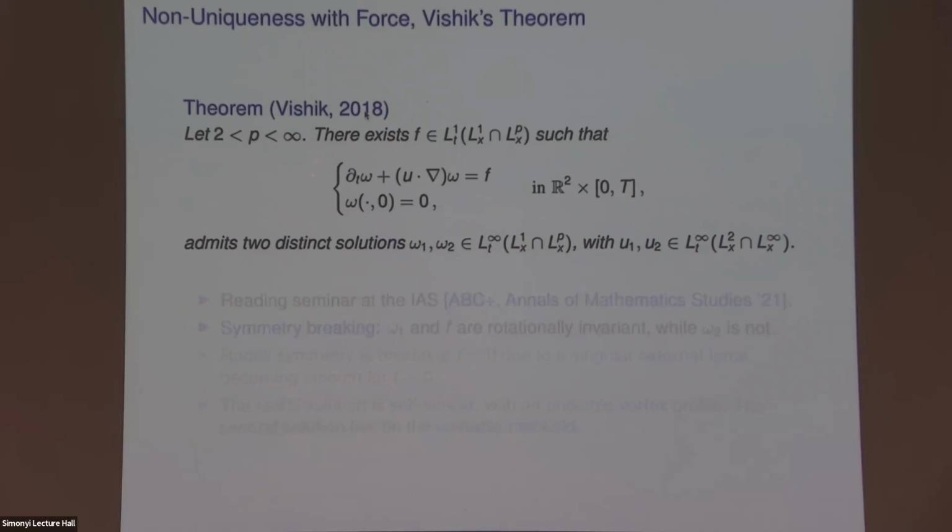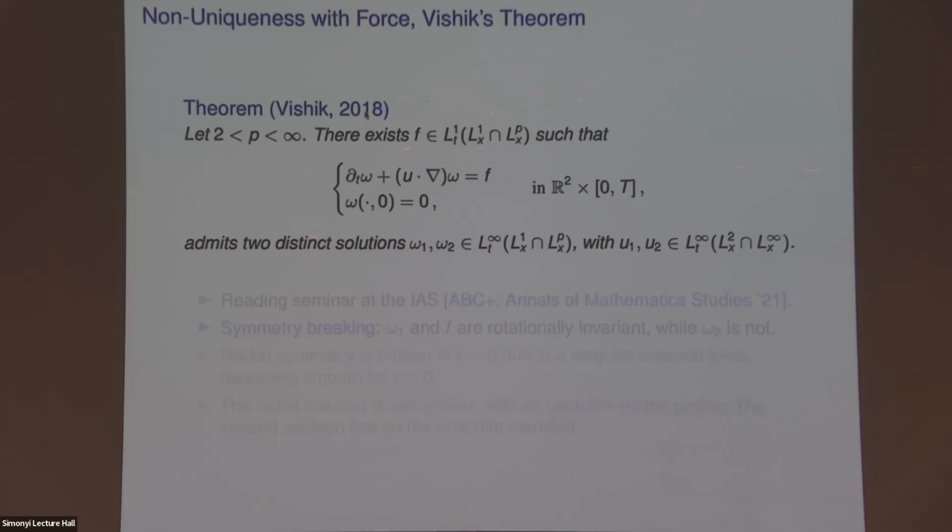And it says the following: if we add an extra degree of freedom, an external body force f, and in this specific theorem, the body force is integrable, is L^1 L^p in space and L^1 with respect to time, and actually is much better than this, is smooth for every time t positive, and the only singularity is at the origin, at the space origin at time t equals 0.